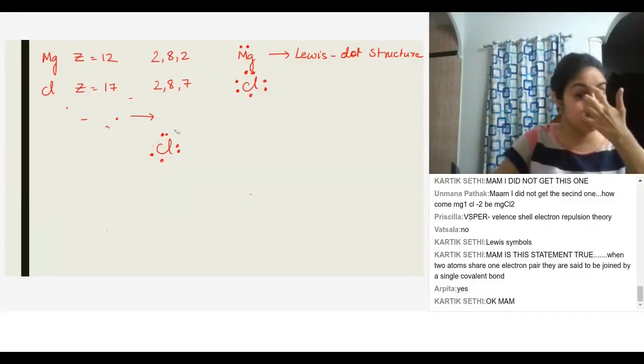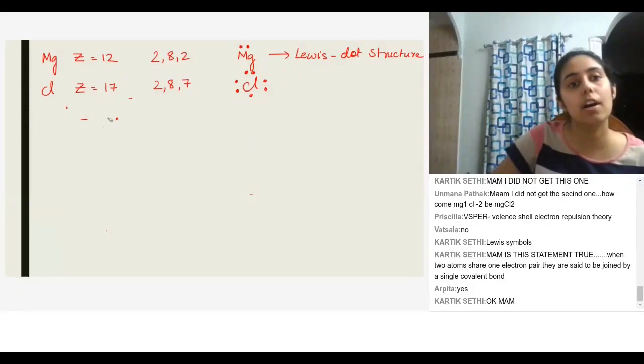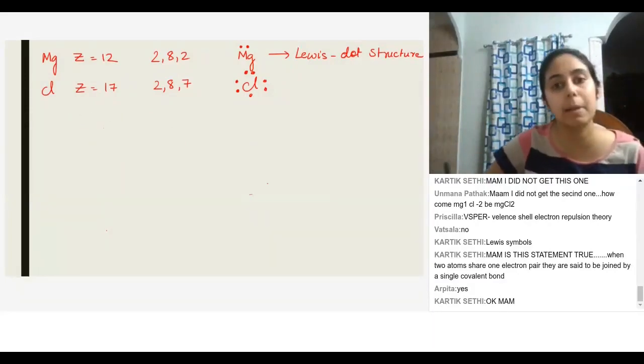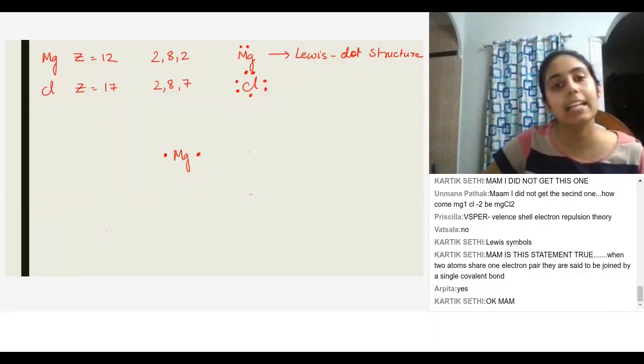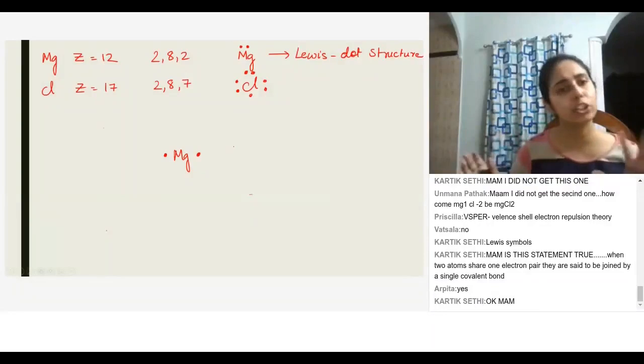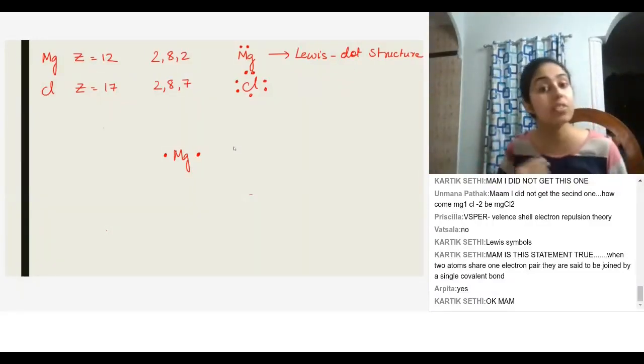All right. So let me first draw the magnesium atom. The magnesium atom has 2 electrons in the outermost shell that it needs to give away. It needs to give them to anything that is willing to take them. Chlorine is willing to take electrons because chlorine requires 1 electron.